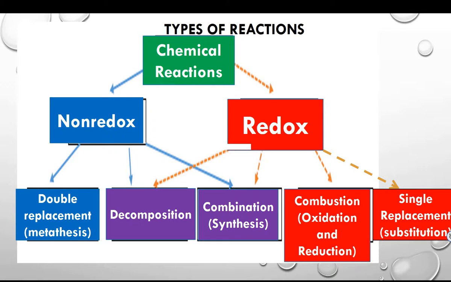And then we've got decomposition and combination, also known as synthesis. Those are the ones that can go either way, depending on if we go down to an element or if we are starting with elements, then they usually are redox. If we don't start with an element or don't go down to an element, then they're usually not redox. So this is the overall arching of all the different types.